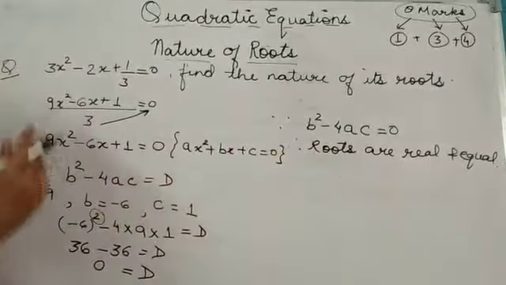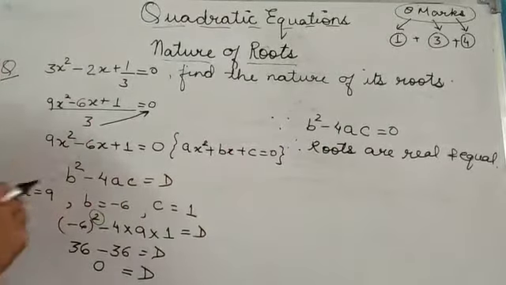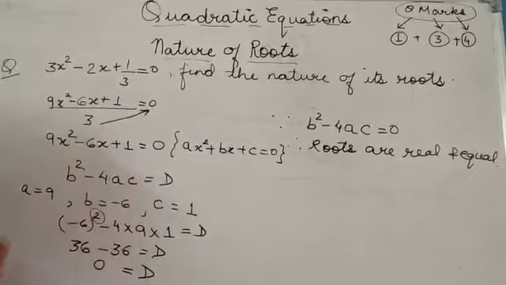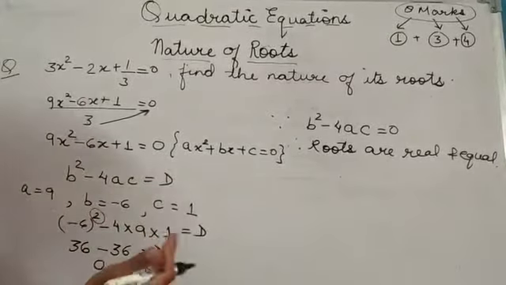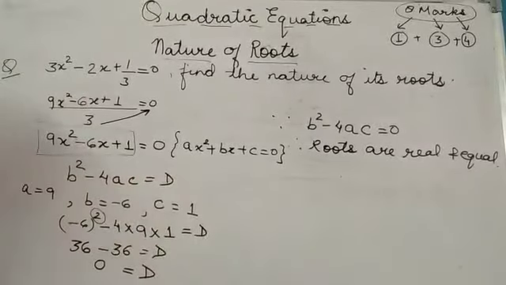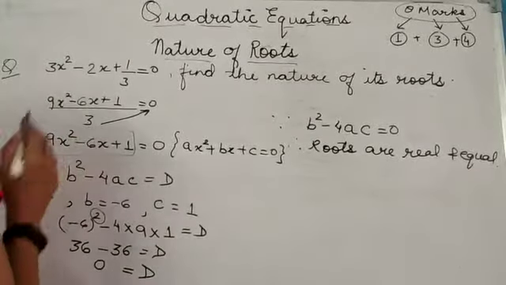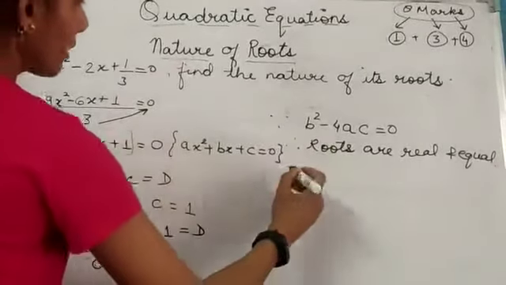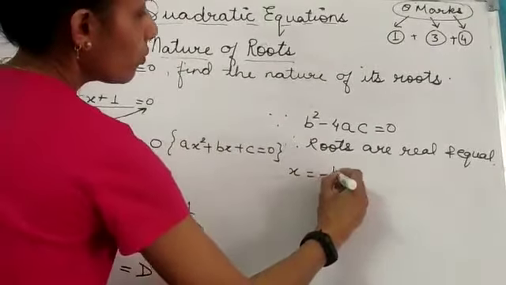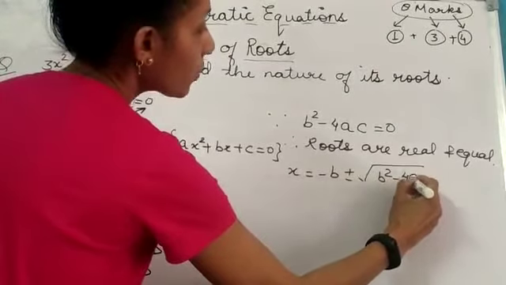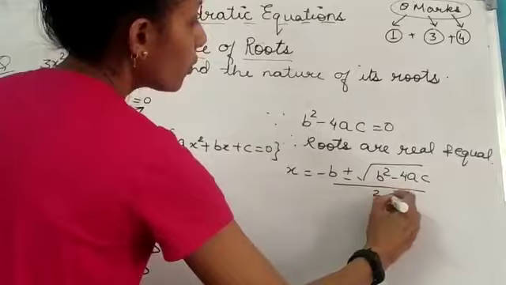So here I can say, since my b square minus 4ac equal to 0, therefore roots are real and equal. If you want to find out the roots, then you can calculate the roots by Sridhar Acharya method or just by factorization method. This is your wish, by which method you want to find out the root of the given equation. So let's suppose if I find it out by Sridhar Acharya method, which is x equal to minus b plus minus root b square minus 4ac whole upon 2a.